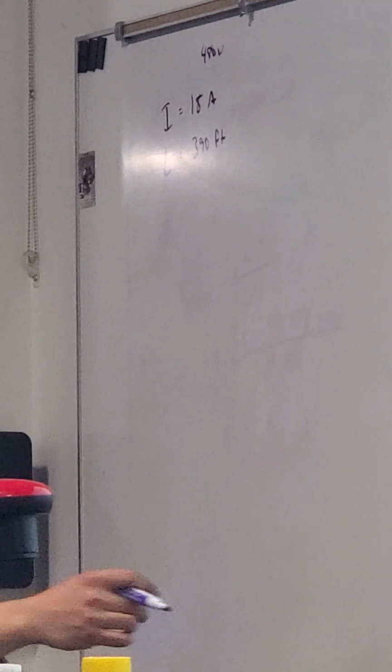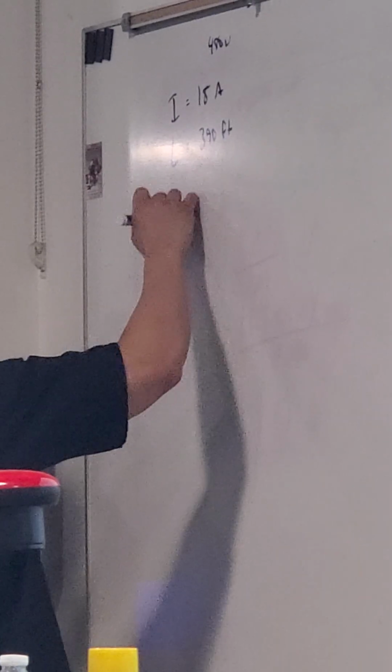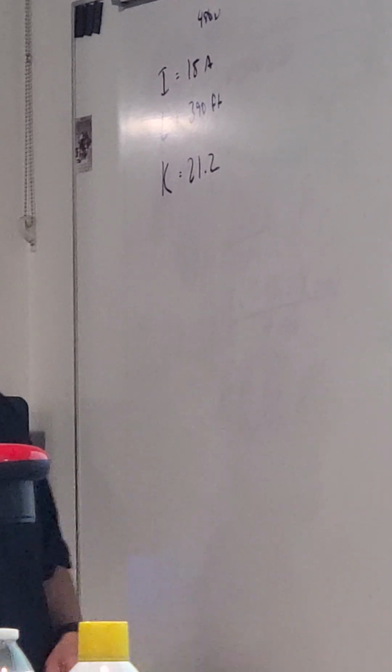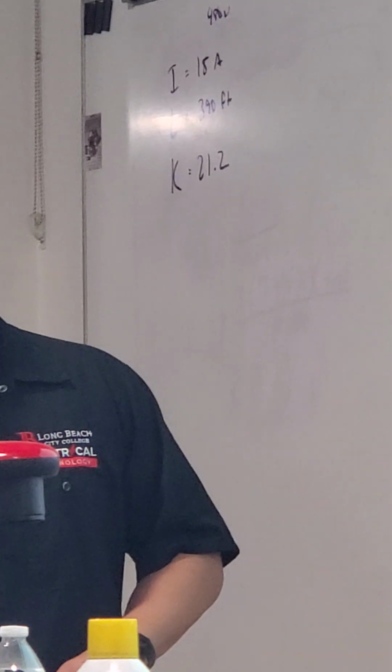What size aluminum conductor? Then what does that tell us about our K value? It's 21.9, I think. Trust but verify, another useful expression. Excellent. Well done.